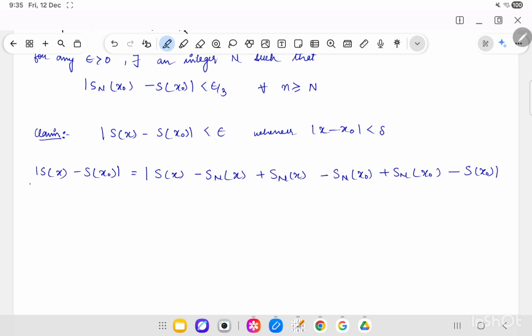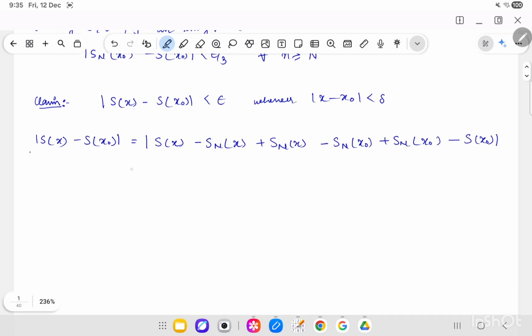What we just did is add and subtract S_n(x), and add and subtract S_n(x0). Now using the triangle inequality, this must be less than or equal to the modulus of S(x) minus S_n(x), plus S_n(x) minus S_n(x0), plus S_n(x0) minus S(x0).